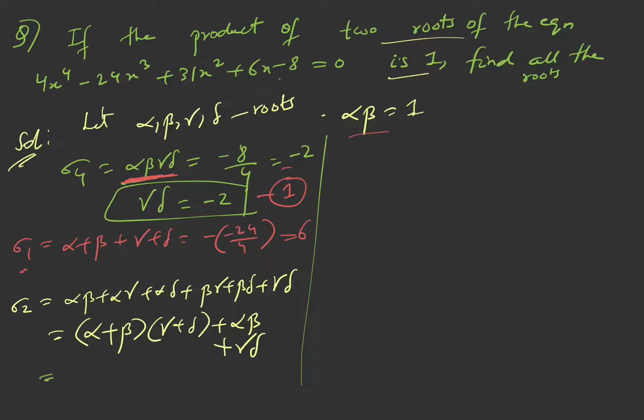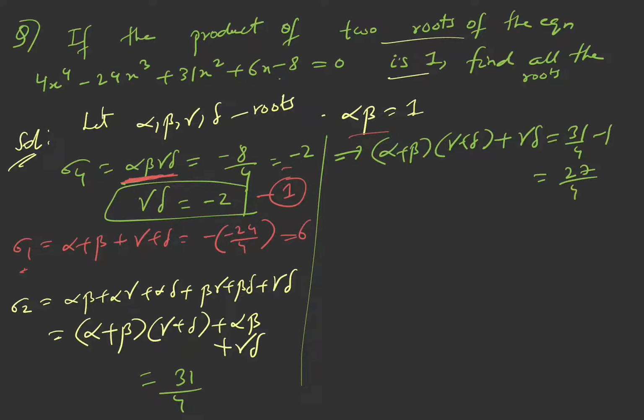This is equal to sigma 2, which is 31 by 4, right? So let us simplify this. Alpha plus beta into gamma plus delta. Alpha beta is 1, so plus gamma delta is 31 by 4 minus 1, and that you will get as 27 by 4, right? So you have alpha plus beta into gamma plus delta plus gamma delta is 27 by 4. So let us call this equation 2, right? Let us call this equation 3.